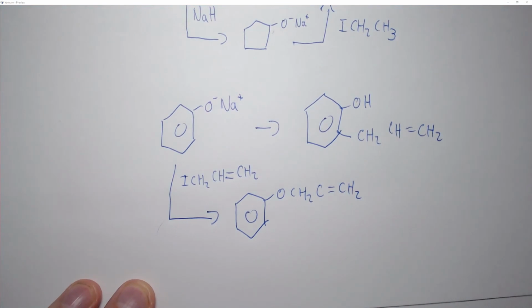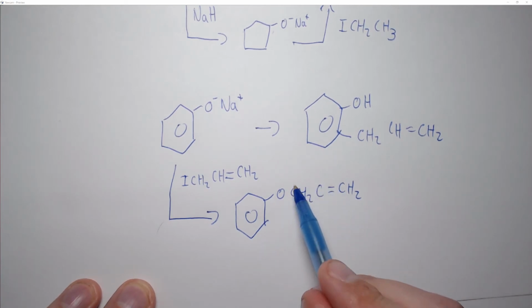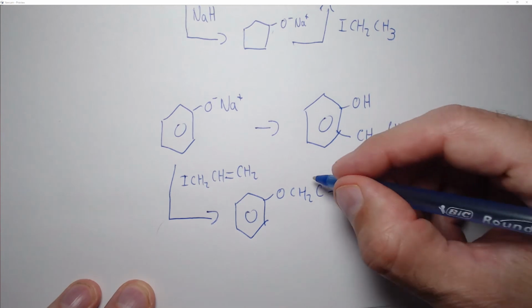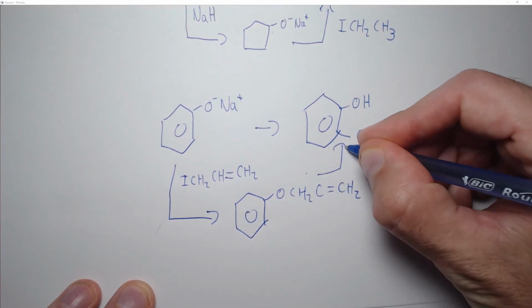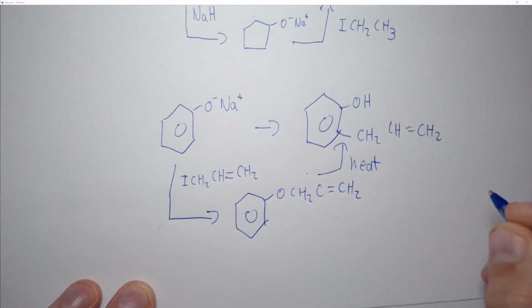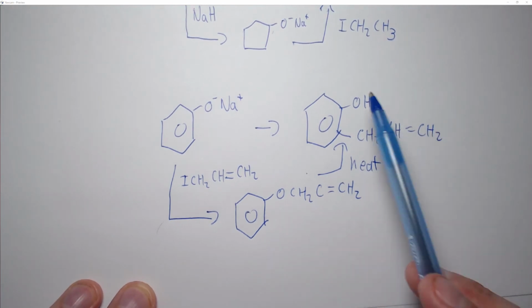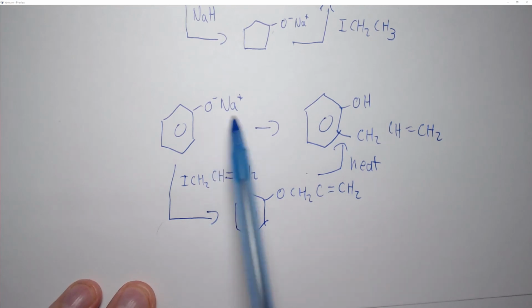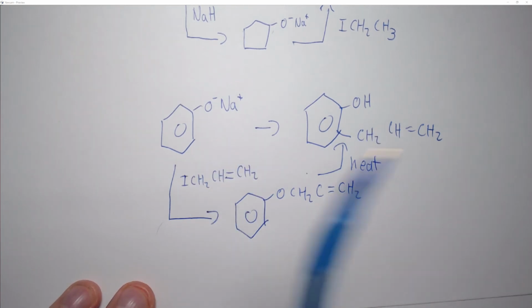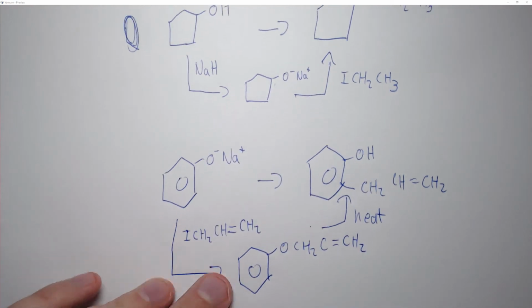We now have an allyl phenyl ether. This can undergo a Claisen rearrangement. If you remember, the double bond here went here, this double bond flipped over, this bond broke, and with the Claisen rearrangement, which is performed with heat, all right, we said 250 degrees C, we can ultimately form this product, which didn't look like we had a good way to do this, but this is how we can make this happen.